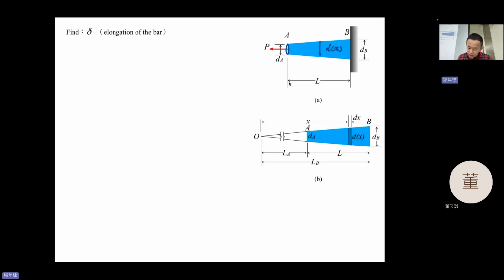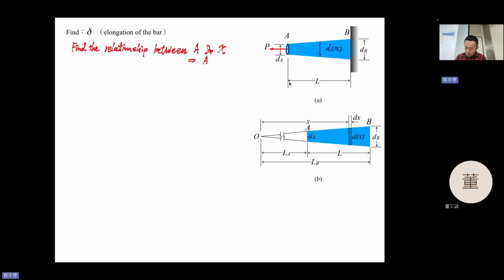So we need to find the relationship between A and x, because we want to find A(x), since the cross-section is changing.